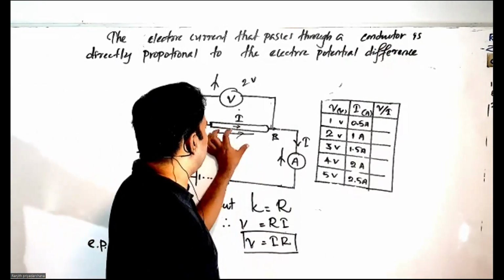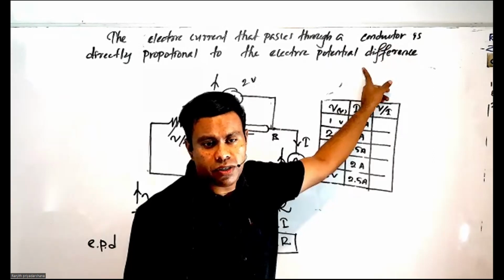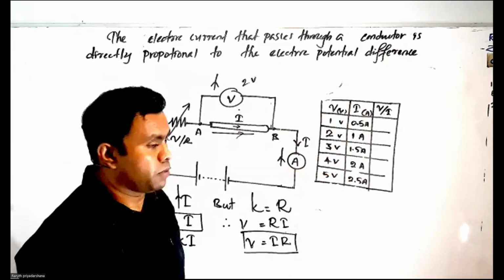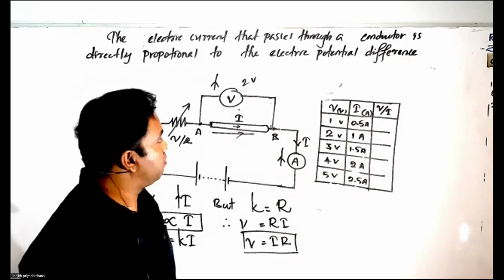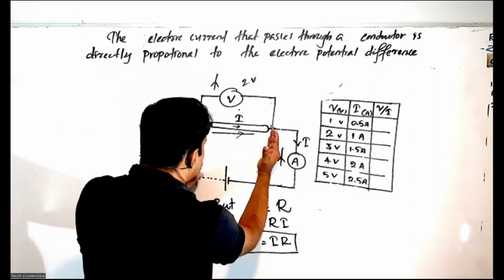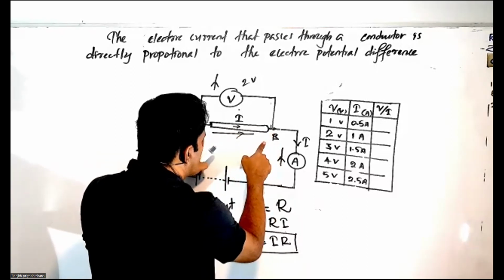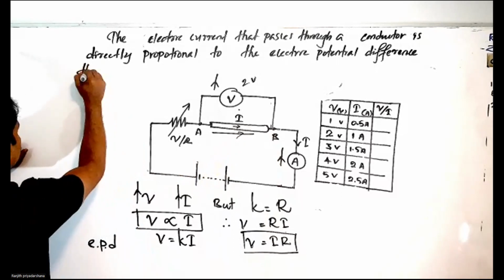Explain the electric potential difference, son. Electric potential difference, in short, is the electric potential difference that exists between both ends of a conductor.